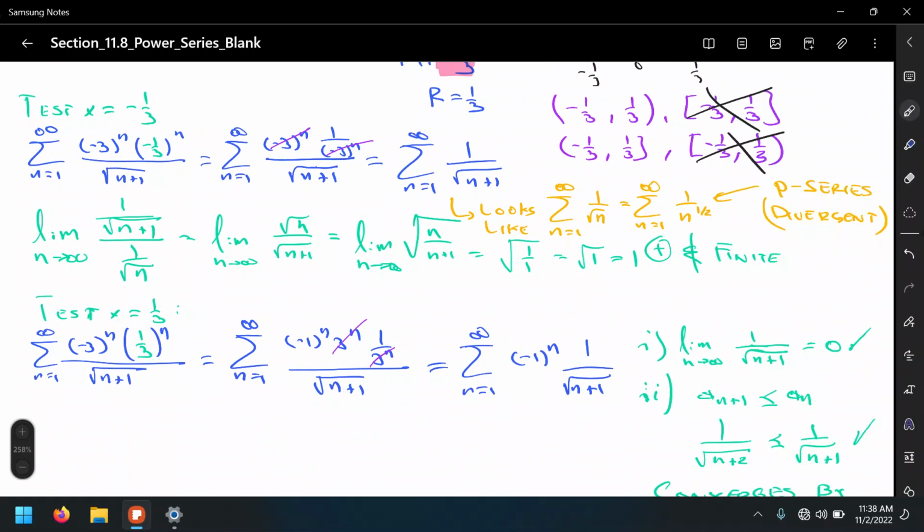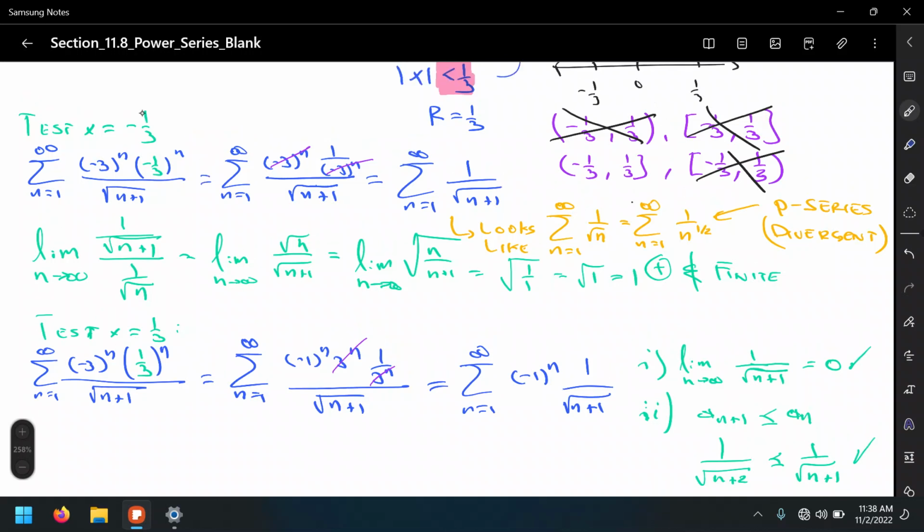So that means we are going to cross out one more, the one that excludes the 1/3, right? And that's because the positive 1/3 gave us a convergent series, so it's included as the upper endpoint of the power series. Are we not including x equals -1/3? Why did it diverge then? Well, we substituted x equals -1/3.